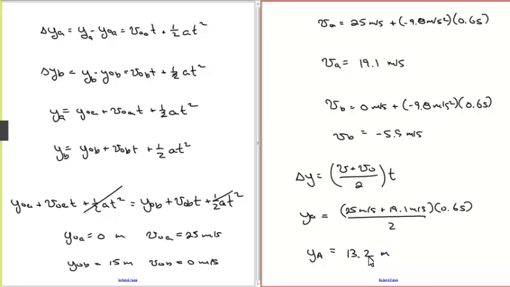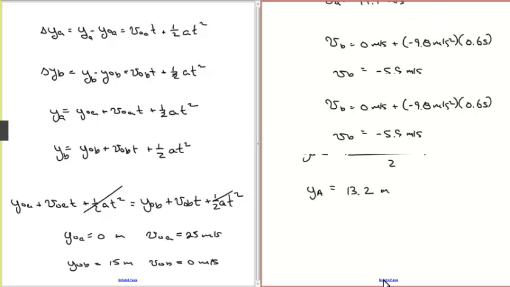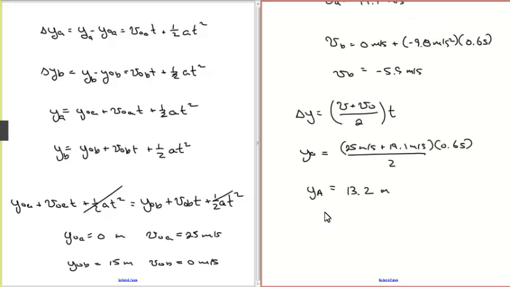So the balls meet almost near the top. And that's because this is moving fast to start with, so it goes a lot further than the one that's coming down, which starts from rest, and it takes a while for that thing to accelerate. So this is also equal to y sub b. In the case of object B, delta y is y minus y sub b0, which is 15 meters.